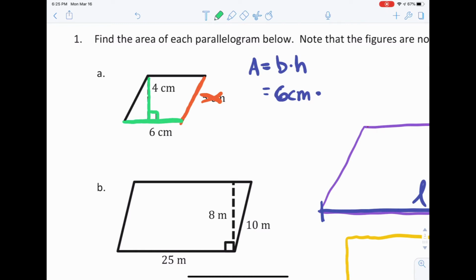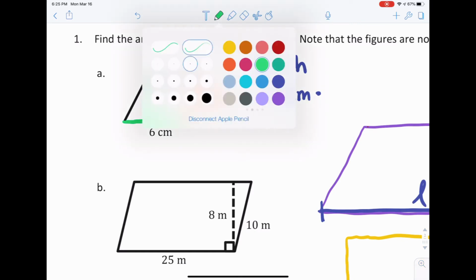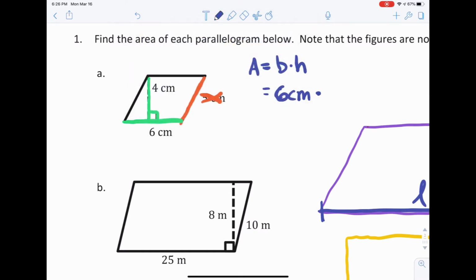If the base is 6 and the height forms a right angle, and that little length there is 4 centimeters, that means the height is 4 centimeters. So what does that mean for the area? It means that I multiply 6 times 4, and centimeters times centimeters, and I get 24 centimeters squared.